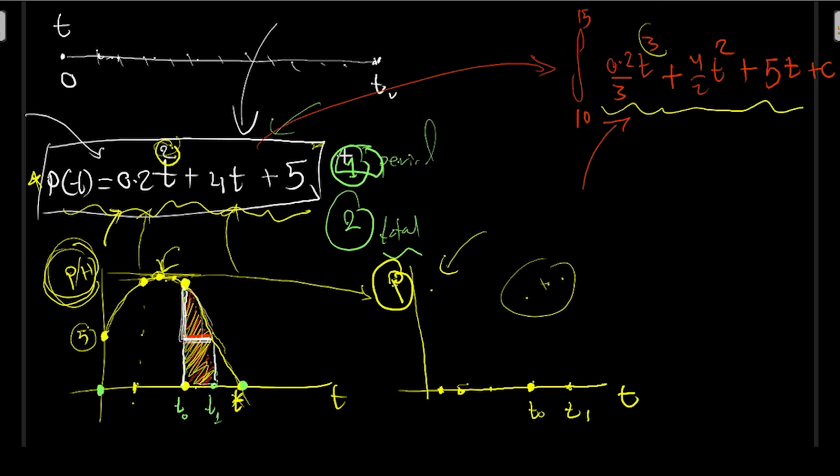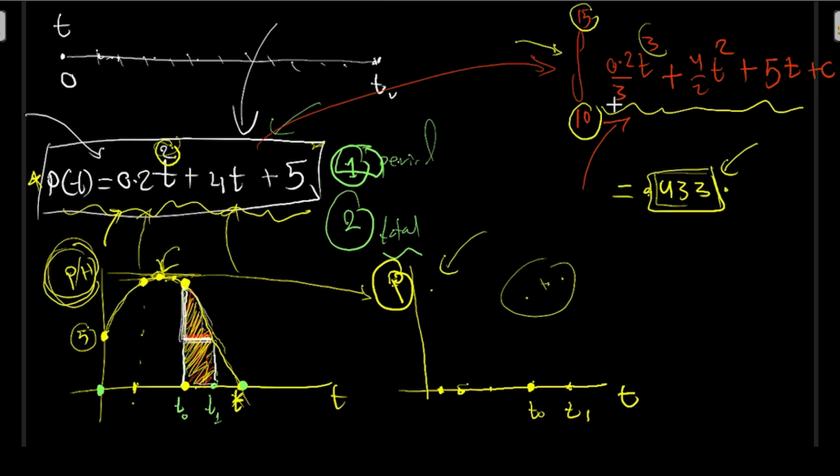So I hope now the idea of integral and derivative, since they are the inverse of each other, is quite clear to you. Anyway, if you figure out the way to plug in, first the value of 10 inside here and subtract from the value of 15, you will get a certain value. The answer would be around 433 people were actually served from the hour 10 to the hour 15 here.